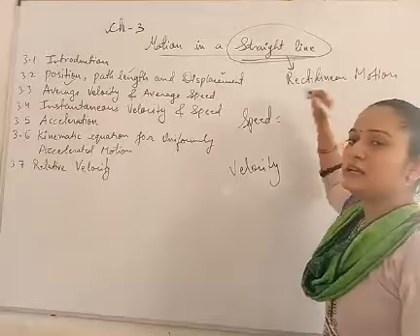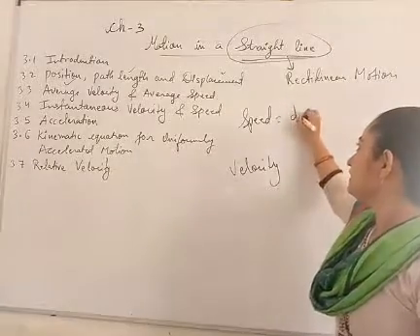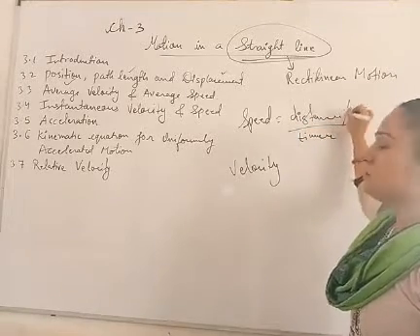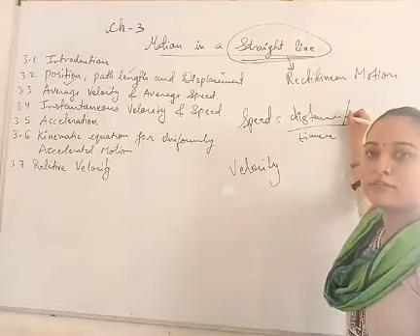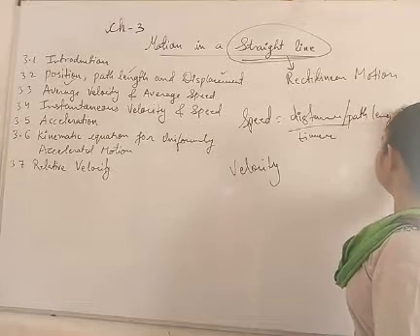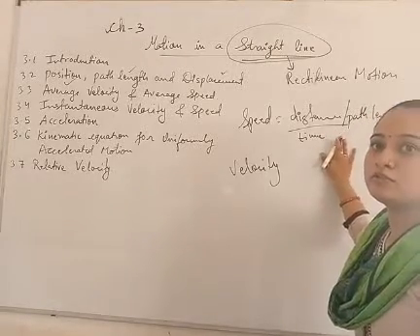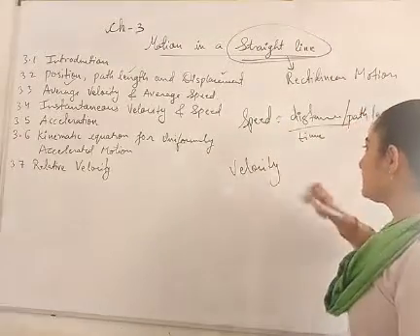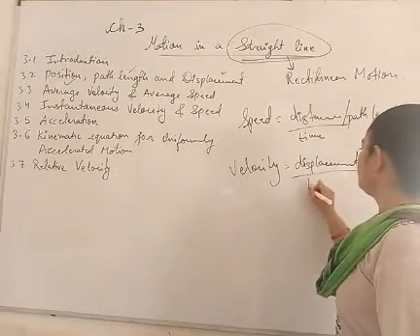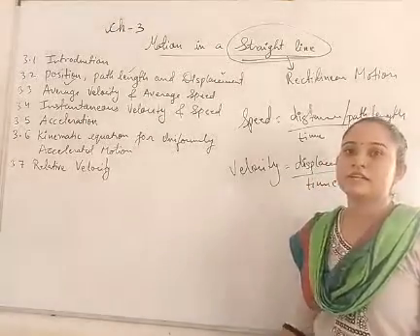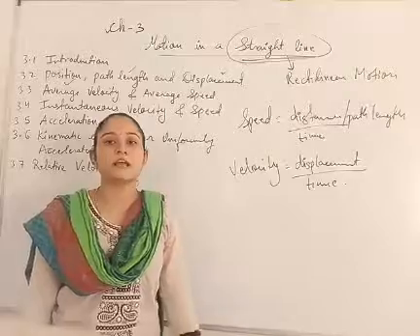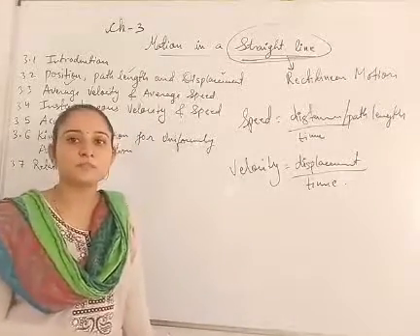Speed means distance upon time. What is velocity? Velocity is displacement upon time. Clear? Speed is distance upon time and velocity is displacement upon time.